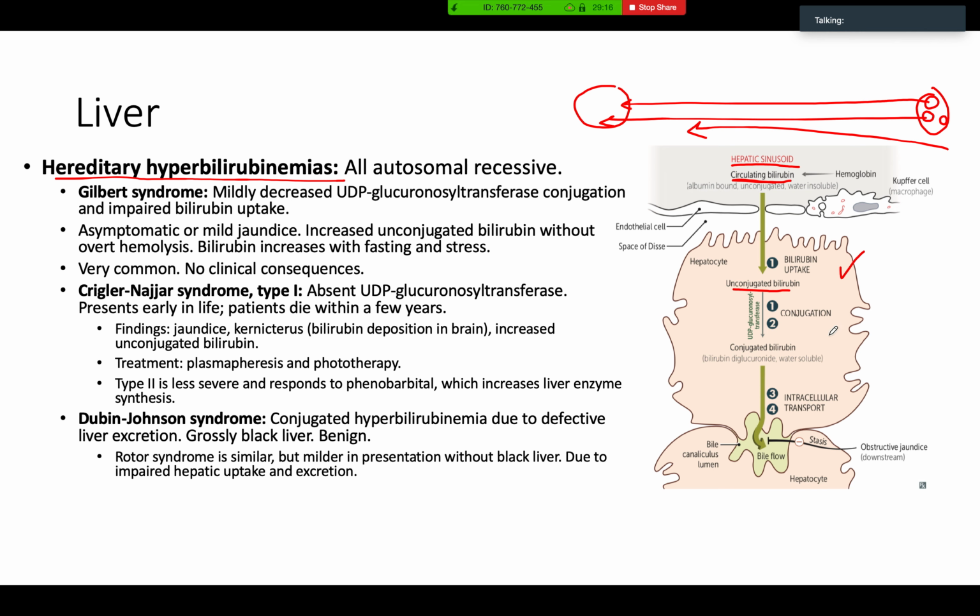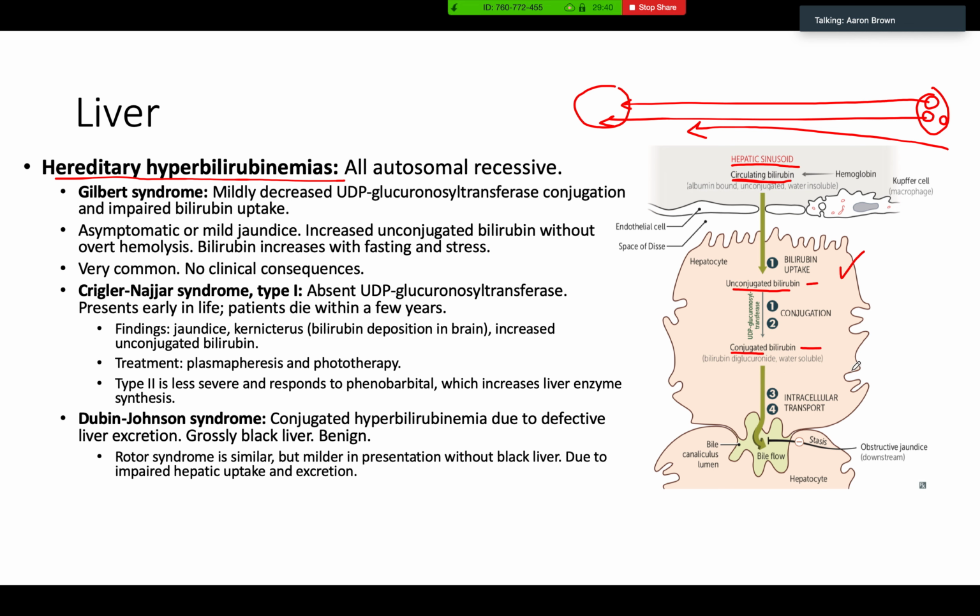And so the liver has this really nice process where it conjugates it to another molecule that makes it water soluble. Now, instead of putting sand into a glass of water, now we're putting sugar into that glass of water. Sugar is going to dissolve oh so nicely. When we pour out that glass of water, the sugar is going to be gone too. Okay. So conjugated bilirubin is our sugar.